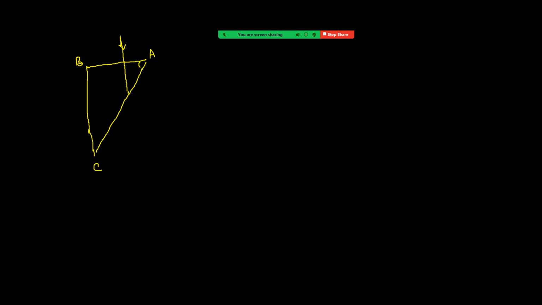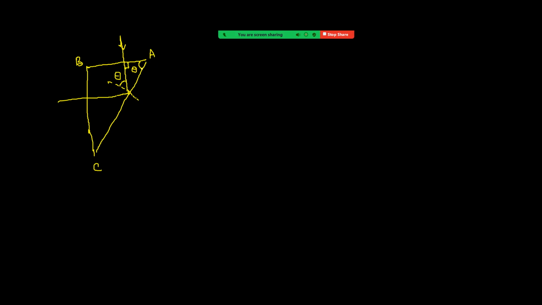This angle is now theta, so the light is reflecting completely. Now focus here. This is 90, this is theta, so this will be 90 minus theta. Then the angle of incidence will be theta.